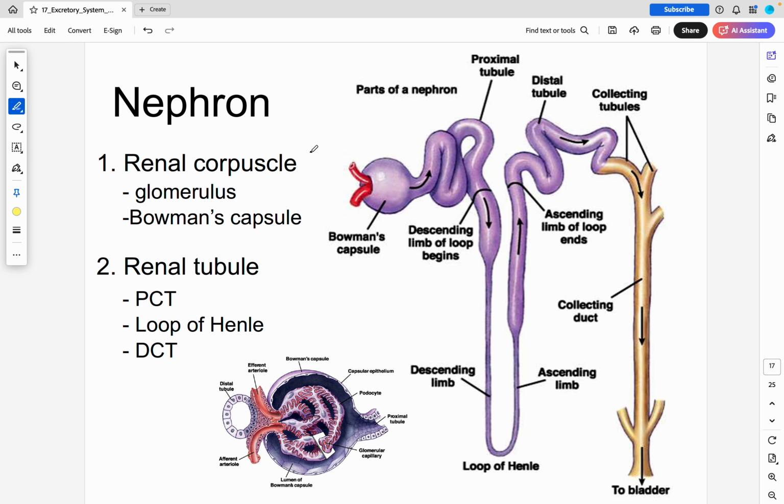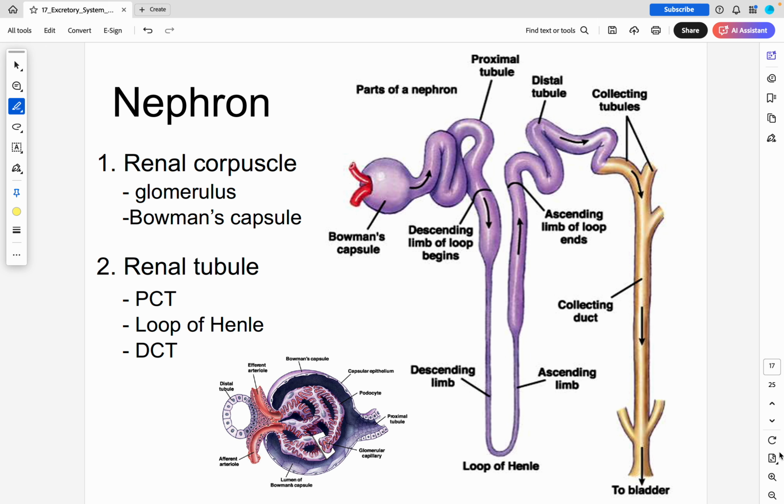Yeah. Right. So okay. So discuss this. So more on the anatomy of the corpuscle and the tubule. So if you look into the renal corpuscle, it looks like this.